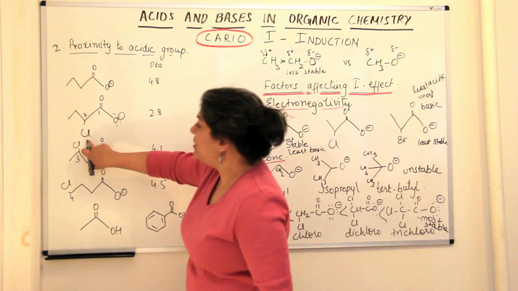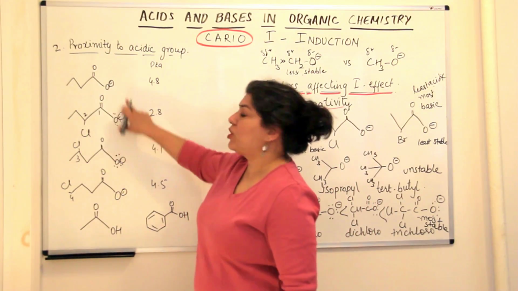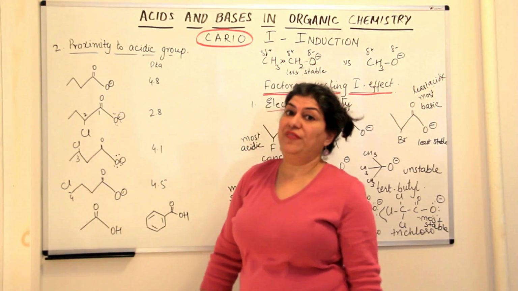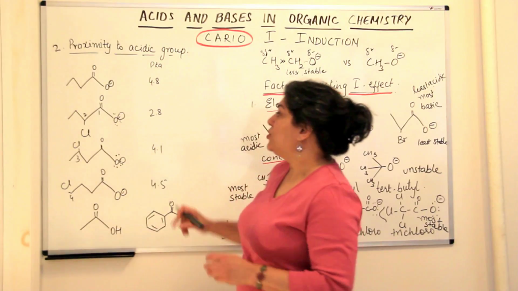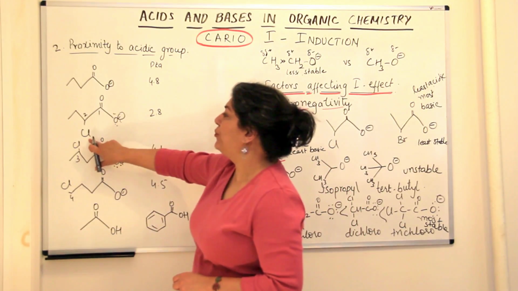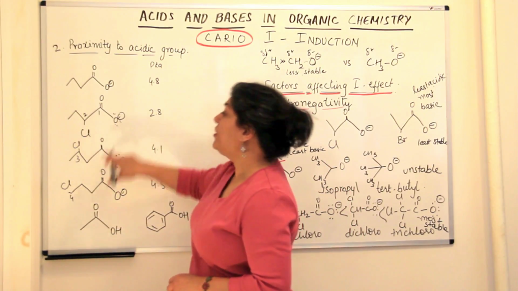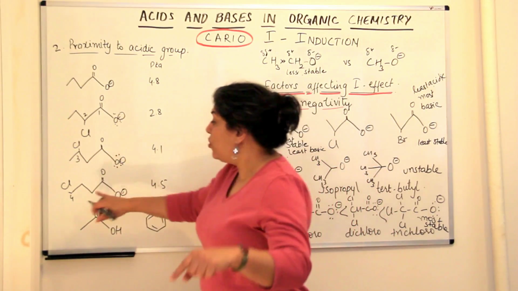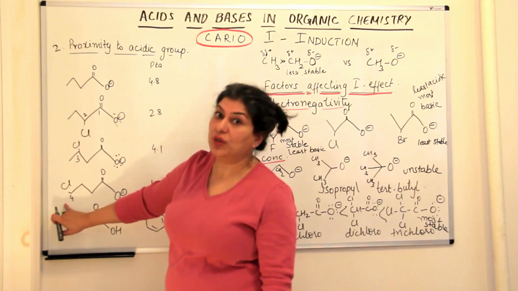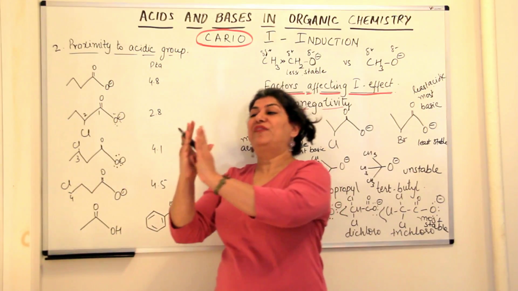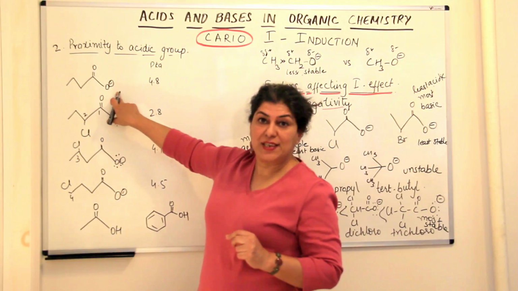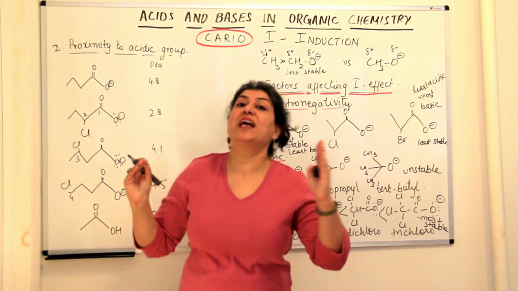So the closer a chlorine is to the carboxylic acid group, the more would be its inductive effect or its influence. So the minus I effect of chlorine on the second carbon would be more than the minus I effect of chlorine on the third carbon, which would be more than the minus I effect of chlorine on the fourth carbon, which means the further away a group gets from the acidic group, the lesser is its influence.